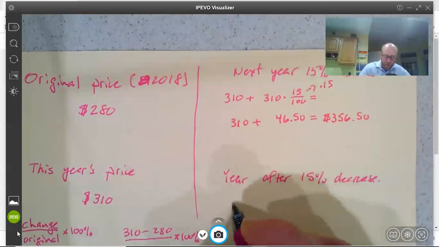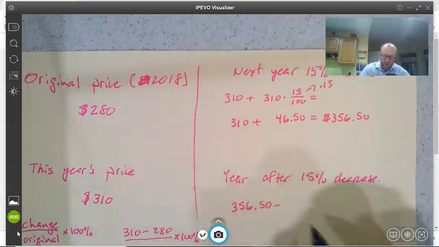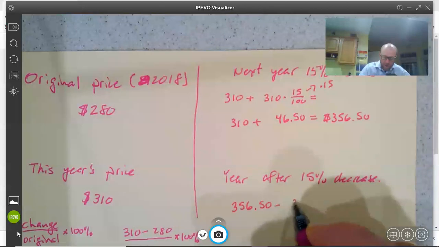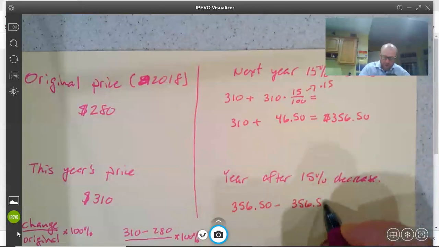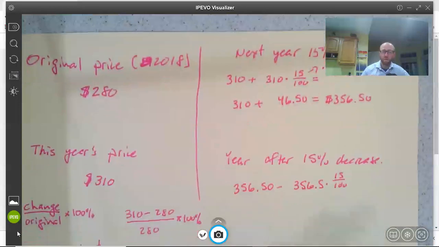Now let's see what happens if it has a 15% decrease. Now that means we're taking the $356.50 and we're subtracting $356.50 times 15 over 100. So it's 15 hundredths of 356.50.